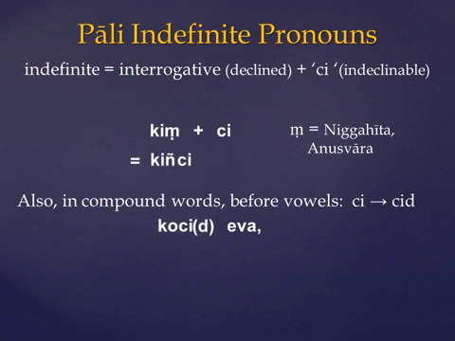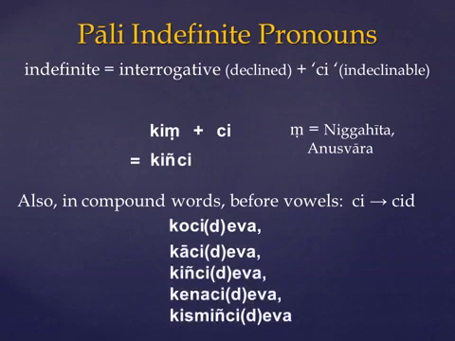In practice, this only happens in compound words. That's when words become joined through usage, and so we get terms such as kurchidiva. It's important in these cases to distinguish that the d belongs to the indefinite pronoun and isn't part of the word diva. Well, let's move on now to look at some examples.